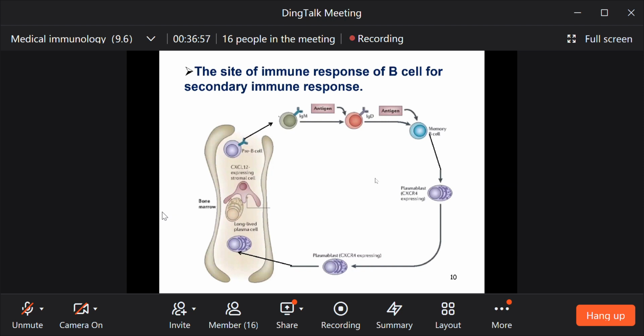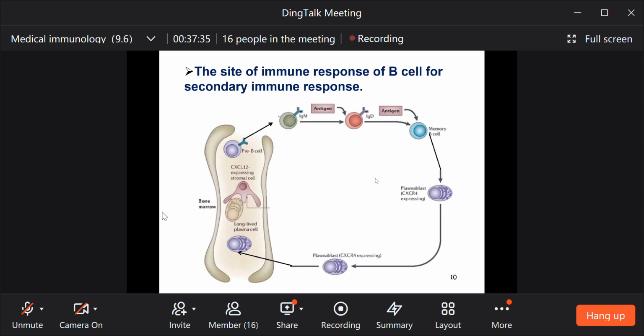After a second infection by the same bacteria or virus or another foreign substance, the memory B cell will quickly activate and produce much more antibody, and the antibody will follow the blood flow and be sent around the body.